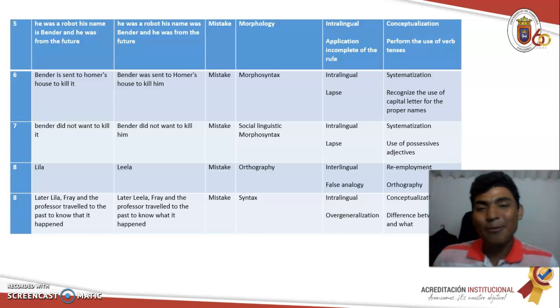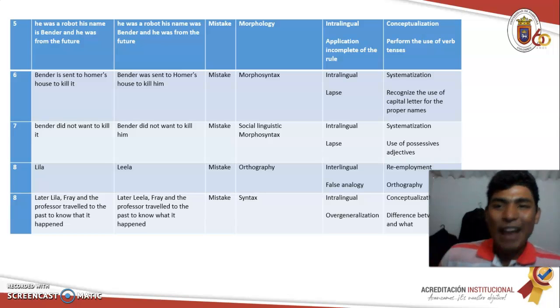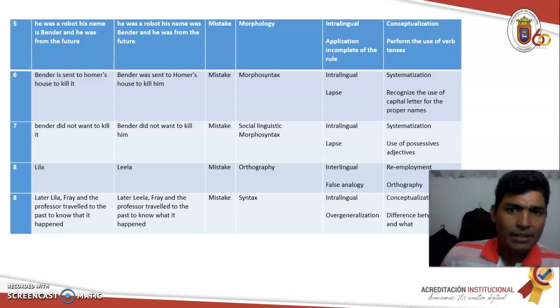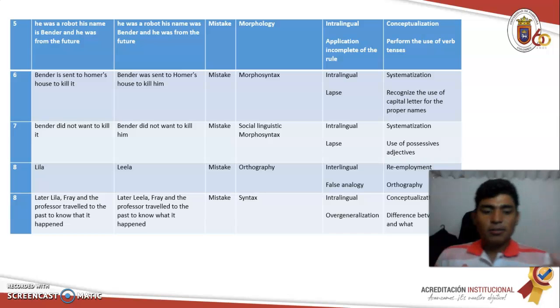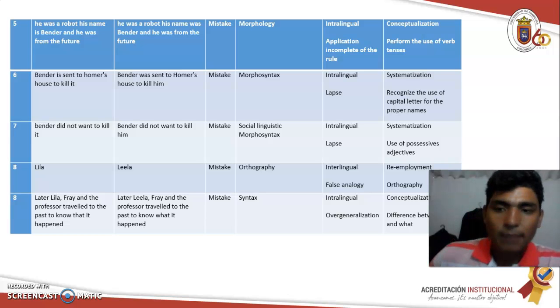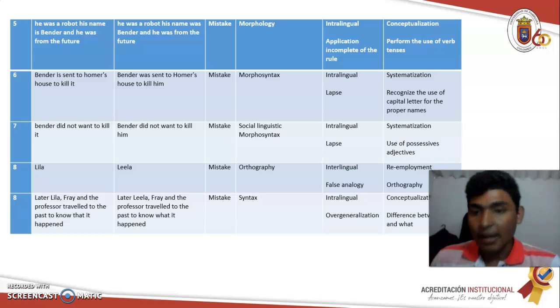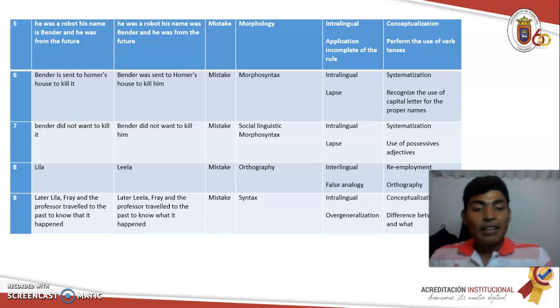But it was pretty funny to find this mistake. But it is a mistake because in other cases, when the students use these proper names, they use the capital letter at the beginning of each one. Related to the orthography, Lila. Let's take into account the correct spelling of the names.